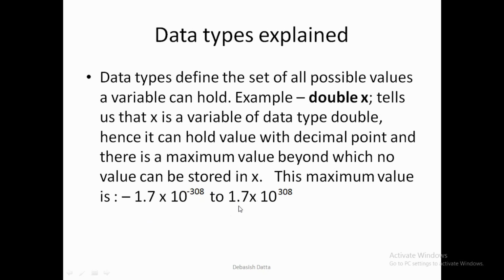So if we assign a value greater than this maximum into x, that will create a programming error. Also, if we assign a lesser value than minus 1.7 into 10 to the power minus 308, that will also create an error.